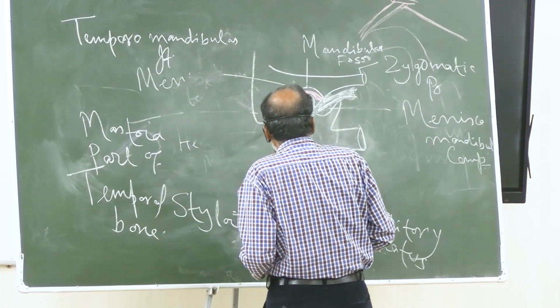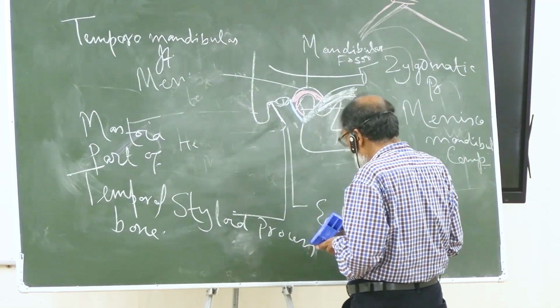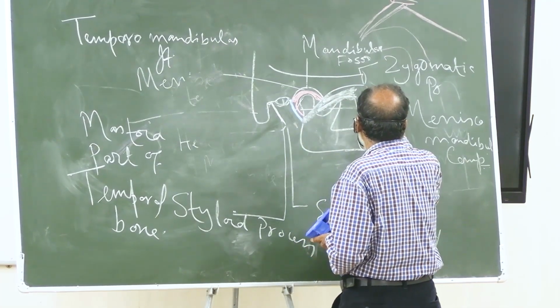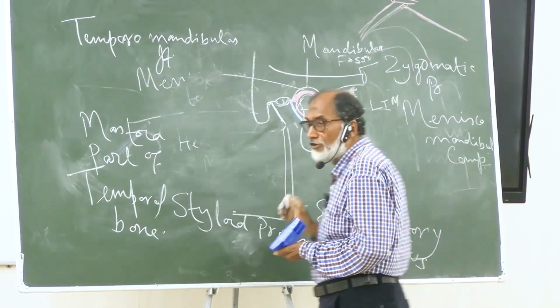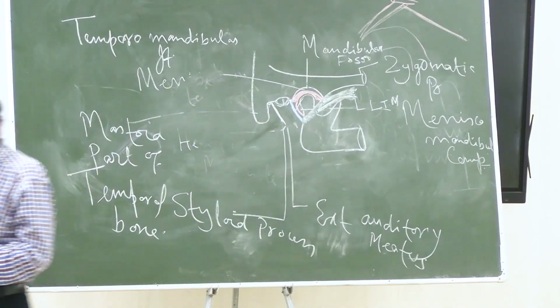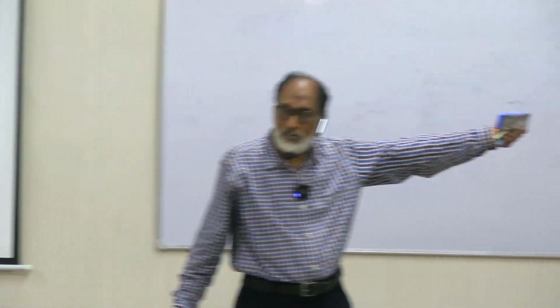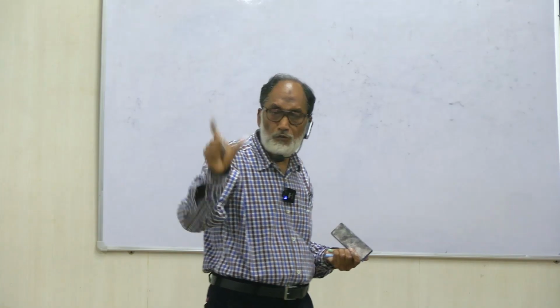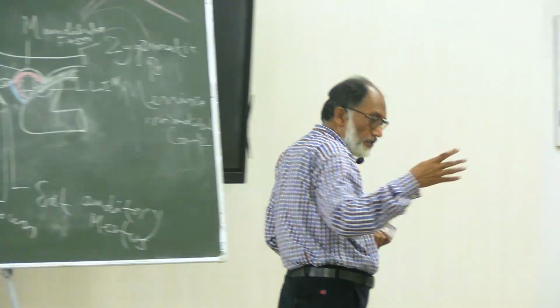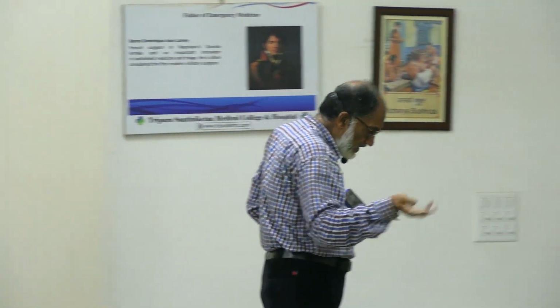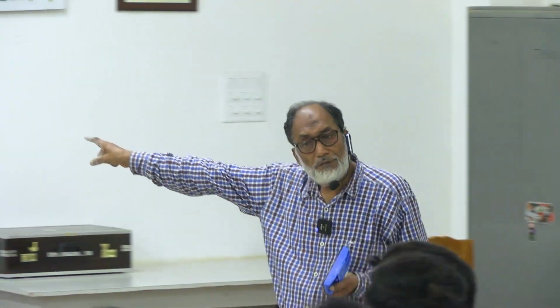This lateral pterygoid muscle is attached to the capsular ligament as well as to the articular disc. This attachment is very important. You will remember this. Lateral pterygoid muscle is coming from the front. It is attached to the capsular ligament as well as to the articular disc. Articular disc, right?